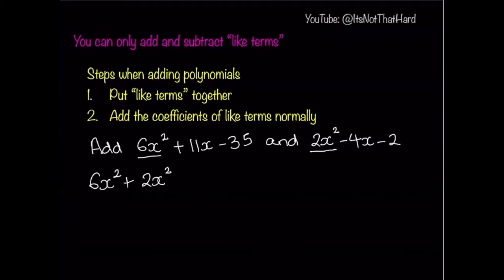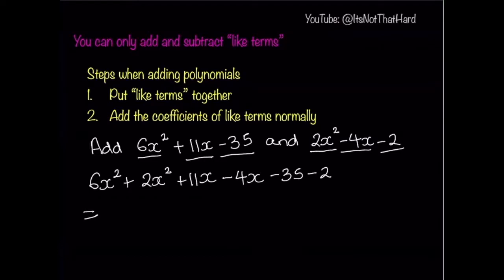Then you put the 11x, so you have plus 11x, and its like term in this case is minus 4x. So minus 4x. Lastly, you have minus 35. So minus 35, and its like term is minus 2. So minus 2. Then you just have to add the coefficients of the like terms like you would normally.